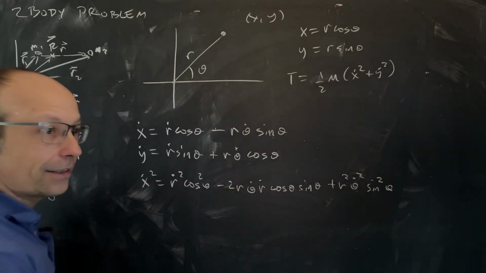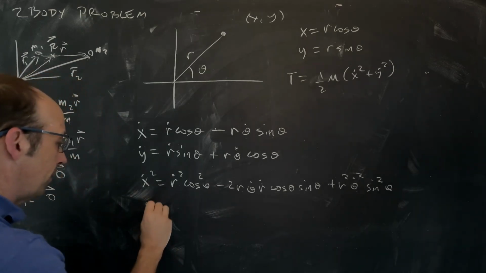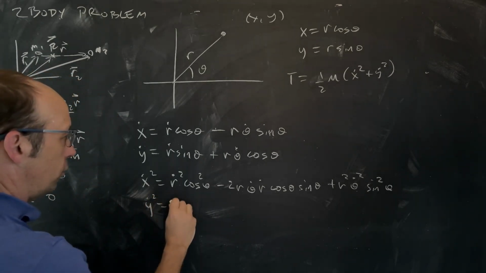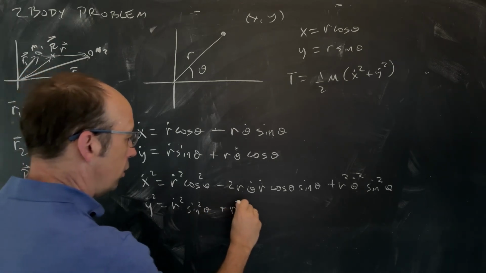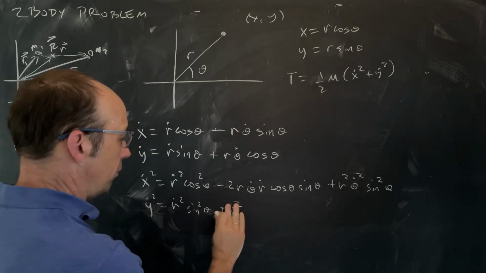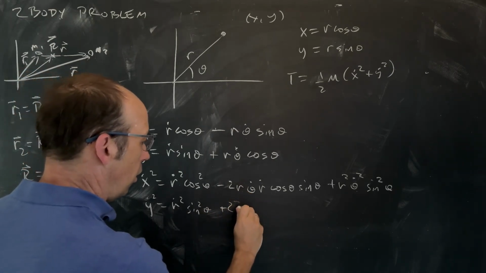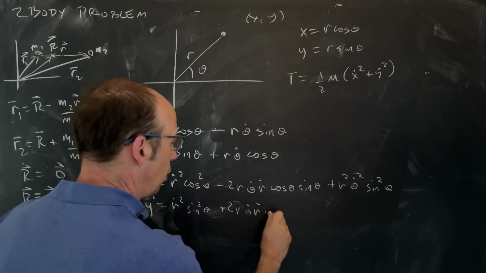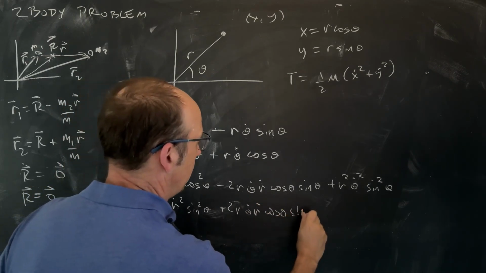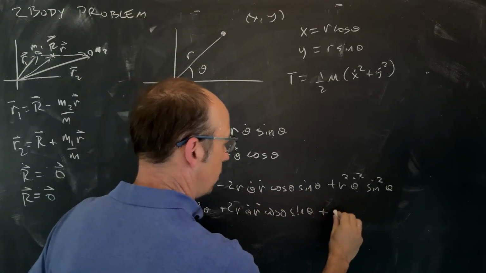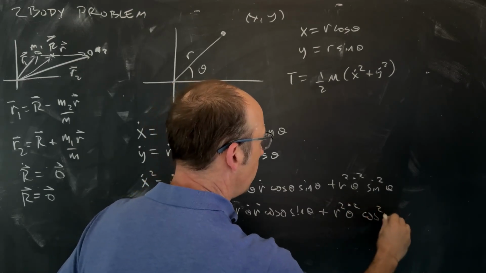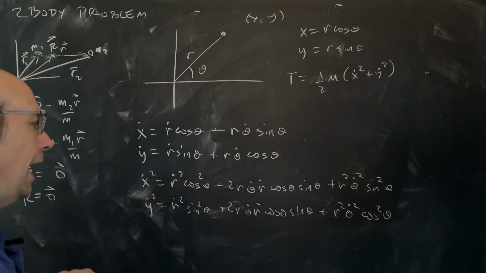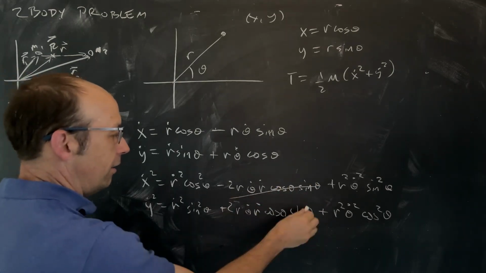I did that one fast because I've done it a billion times. Okay. y dot squared is equal to r dot squared sine squared theta plus 2 r theta dot r dot cosine theta sine theta plus r squared theta dot squared cosine squared theta.